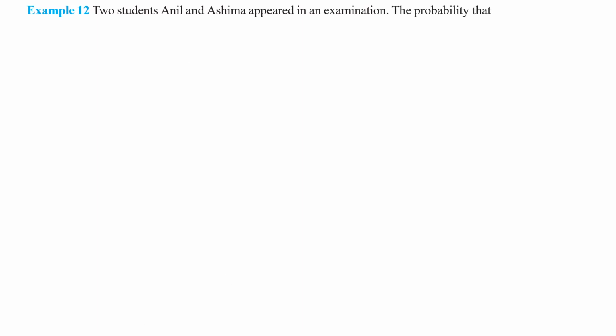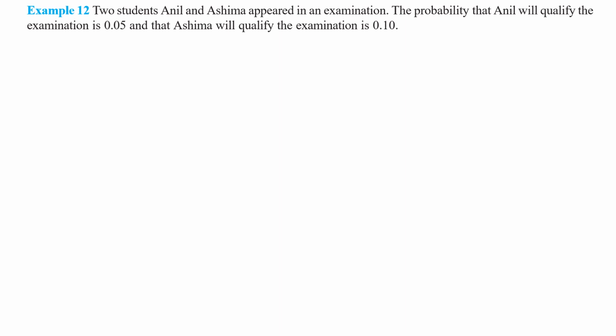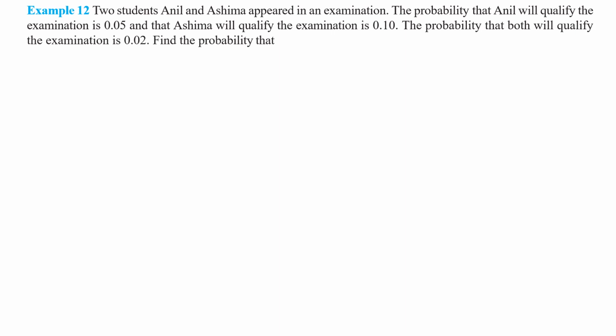Now, let us take another example. Two students, Anil and Ashima, appeared in an examination. The probability that Anil will qualify the examination is 0.05 and that Ashima will qualify is 0.10. The probability that both will qualify is 0.02.